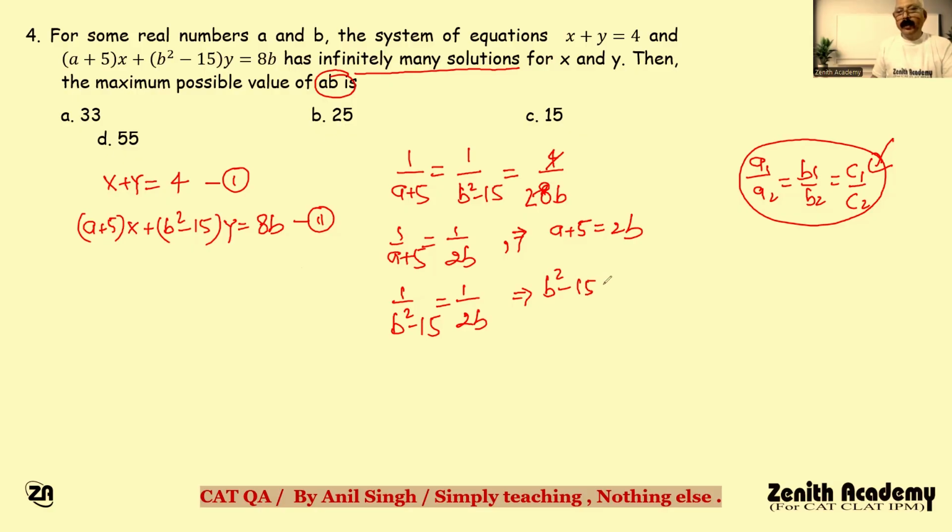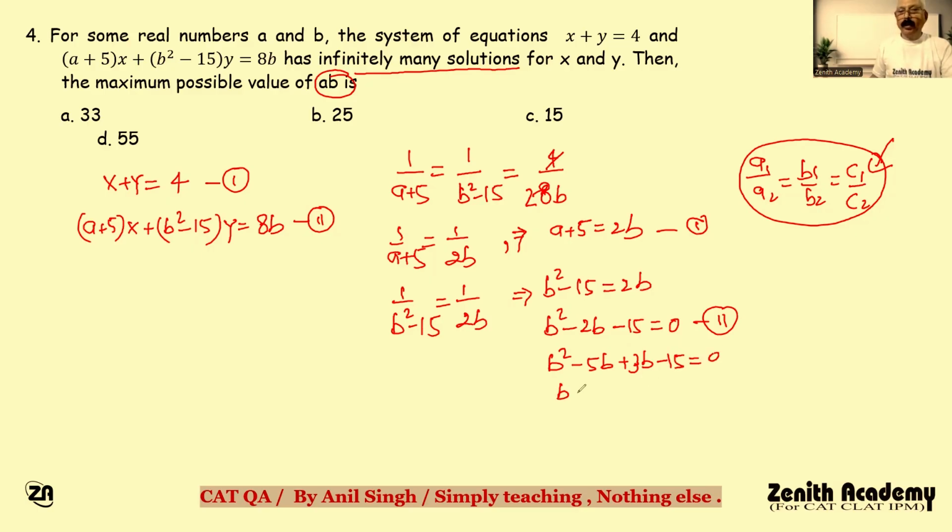Then it is b square minus 2b minus 15 is equal to 0. So these are two equations. If I solve it, then here it is b square minus 5b plus 3b minus 15 is equal to 0.